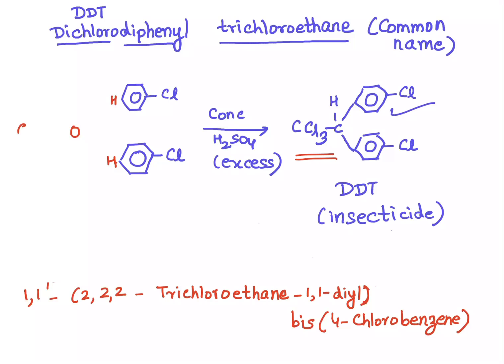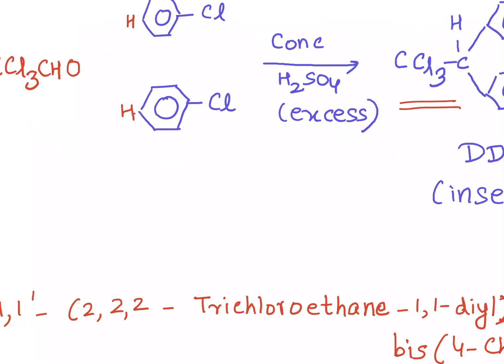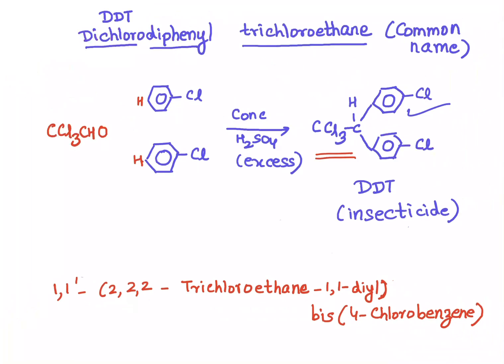So how about putting a CCl3CHO? What does it become? Oh yes, this is 2,2,2-trichloroethane. So we'll name this number 1 and 2. So this would be 2,2,2-trichloroethane, and there is the removal of water from here.